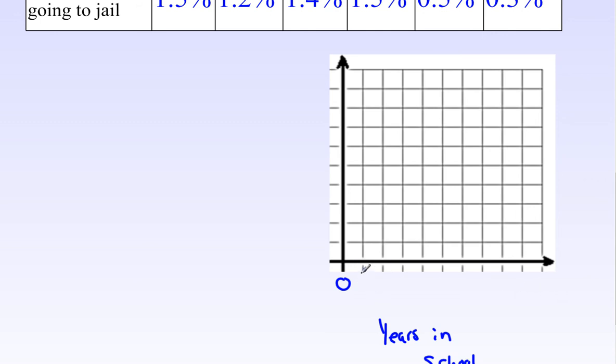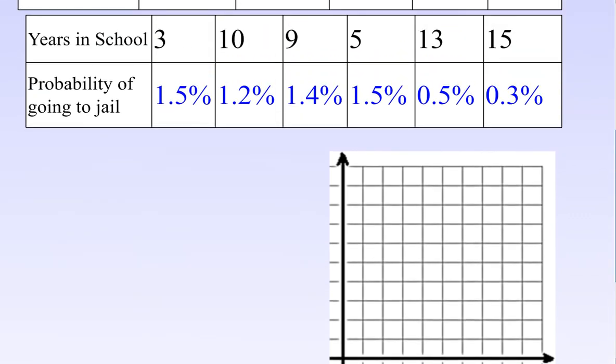But I bet if I count by 2s, 0, 2, 4, 6, 8, 10, 12, 14, 16, that would be our highest data point. 18, 20, that's pretty good because we're using up most of the space. So let's do that: 0, 2, 4, 6, 8, 10, 12, 14, 16, 18, 20.